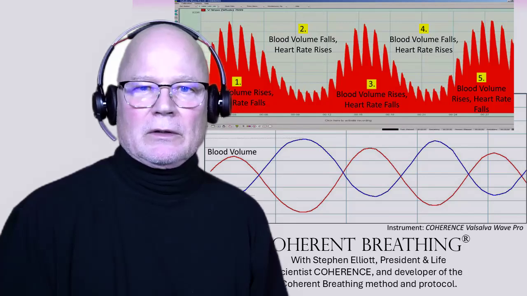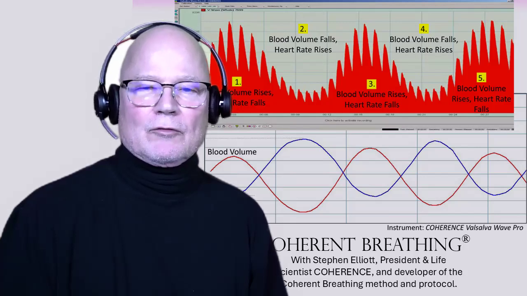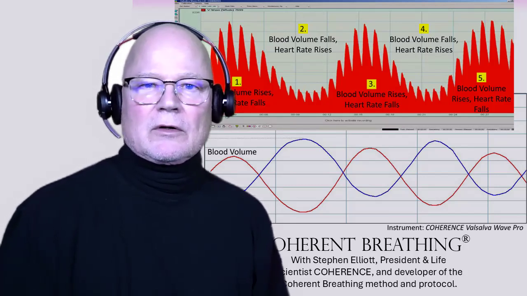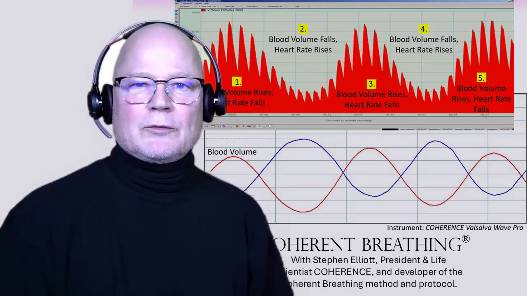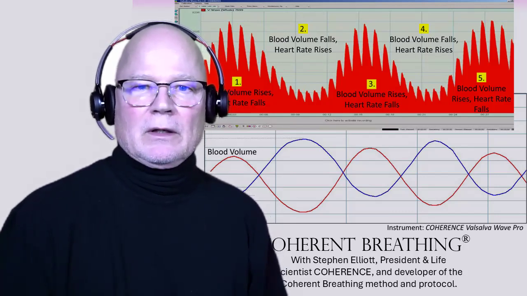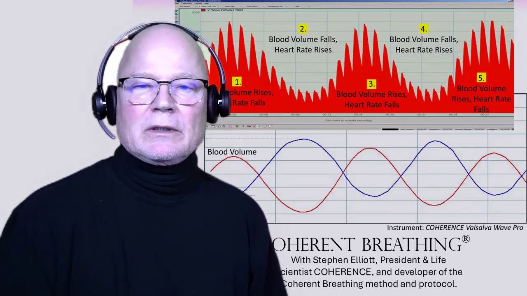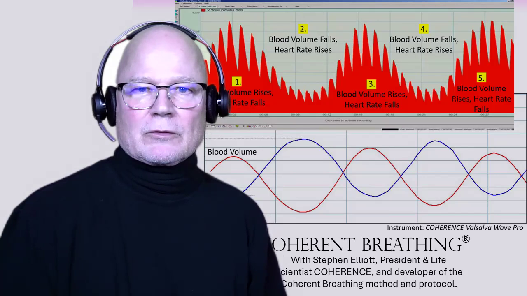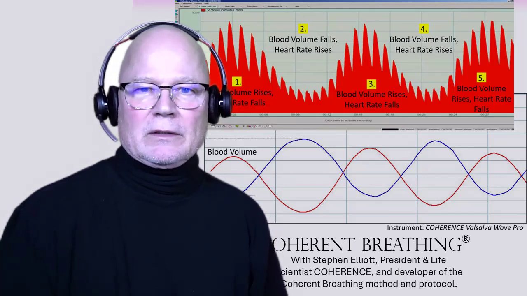That is the heartbeat and heart rate changes that are occurring. That's along the top of the red wave, where we see spikes from left to right, changing in both amplitude and blood volume. These are heartbeats varying in blood volume and time.